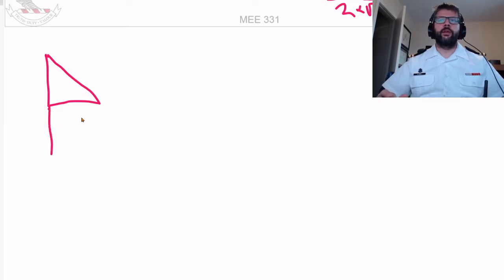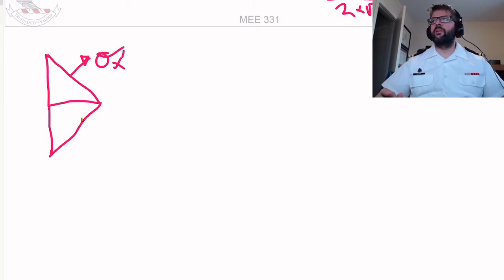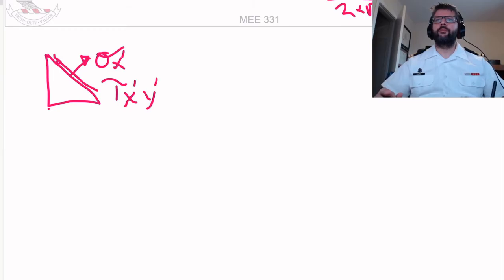We can add another triangle to it down here. So we found out our sigma x prime, and we found out our tau x prime y prime.